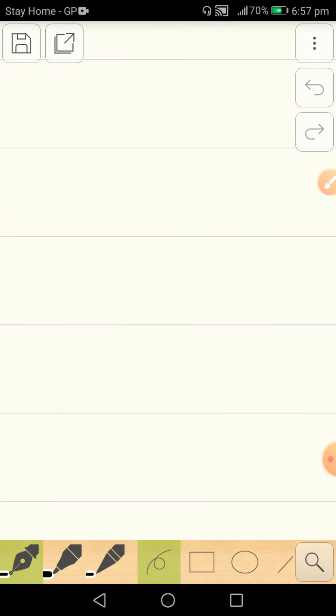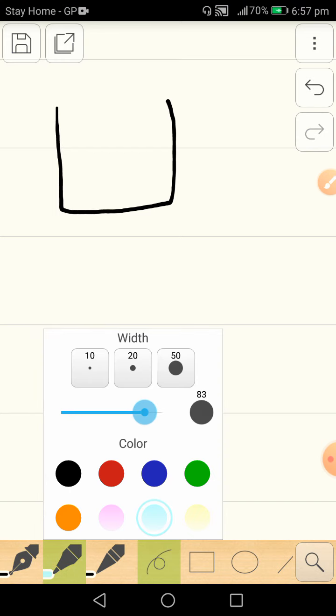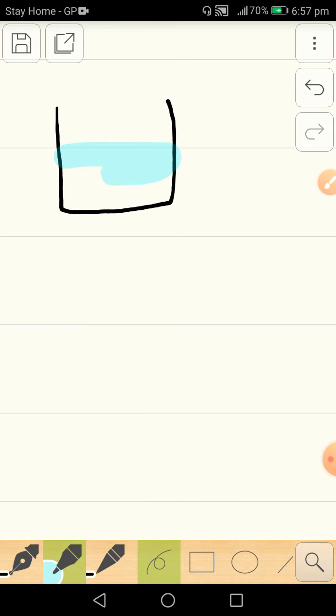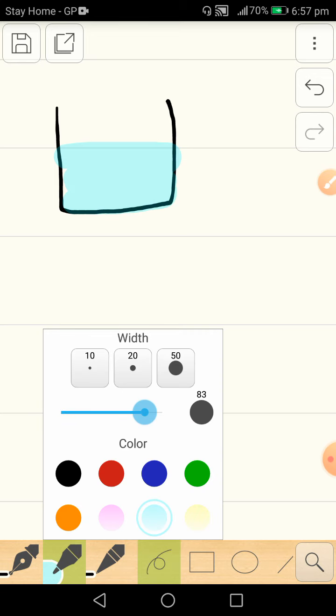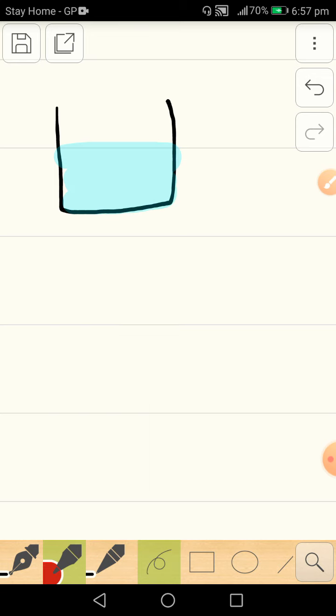In the first beaker, they have used HCl, but they have used a lump or some solid particle of calcium carbonate.